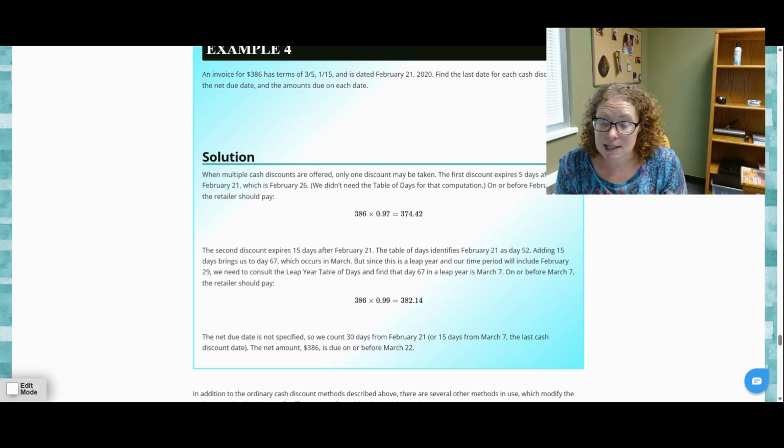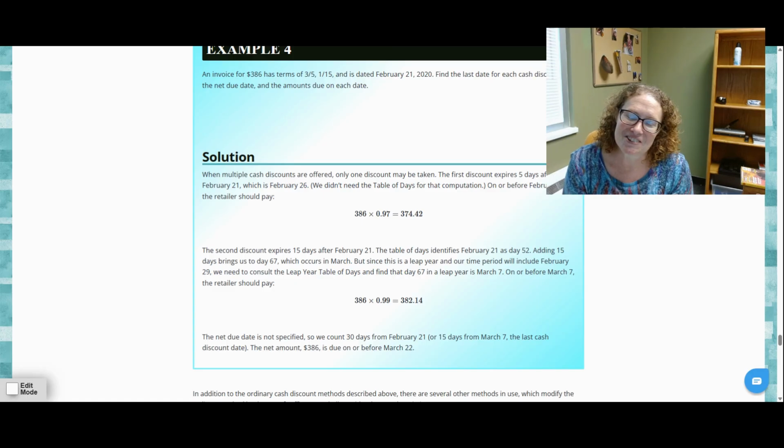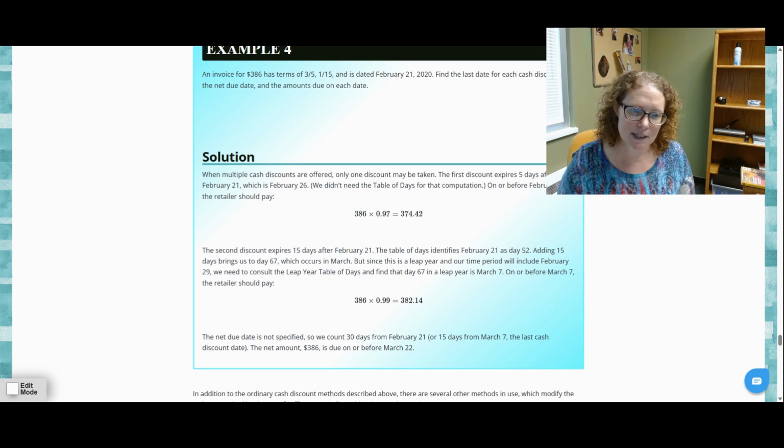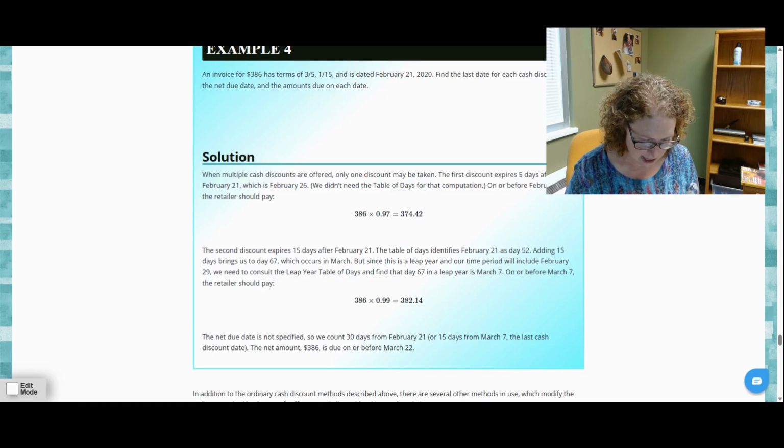The next discount, because they're giving us another discount, expires 15 days after February 21st, and it's 1%. If we look at 15 days after February 21st, we can look at the chart and say February 21st is day 52.